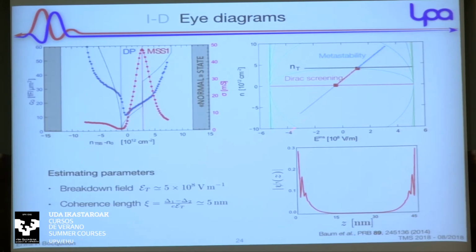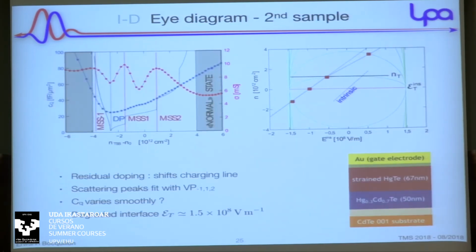So basically, this means that this charging line here will be shifted to another line here. And this is what is drawn here, where you see the initial Dirac point, so the initial zero density, which corresponds to a finite electric field. And as you increase the density, this has to be a straight line, by the way, thanks to Gauss's theorem.